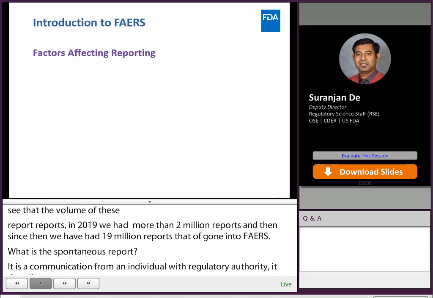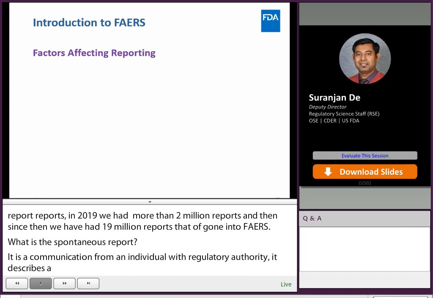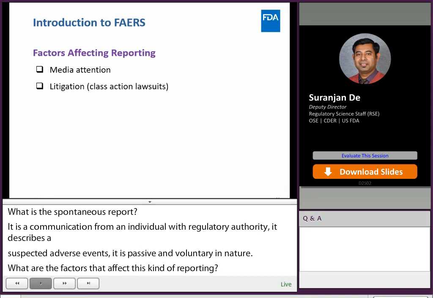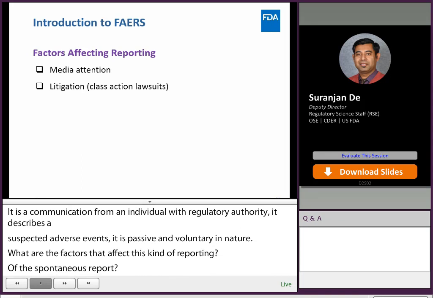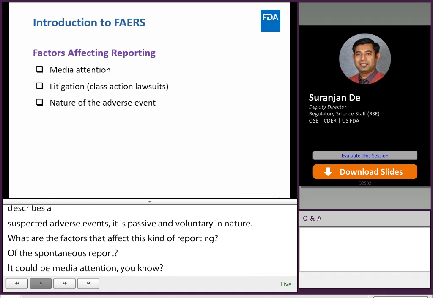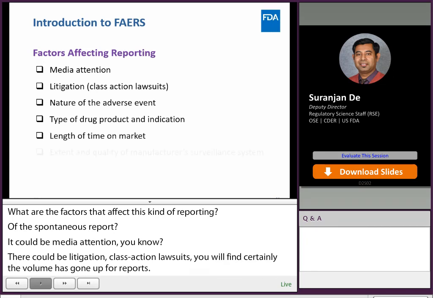So what are the factors that affect the reporting of spontaneous reports? There could be media attention, or litigation or a class action lawsuit, so you will suddenly find the volume has gone up for reports. Other factors are the nature of the adverse event, the type of drug or product and indication, and the length of time the drug is in the market.